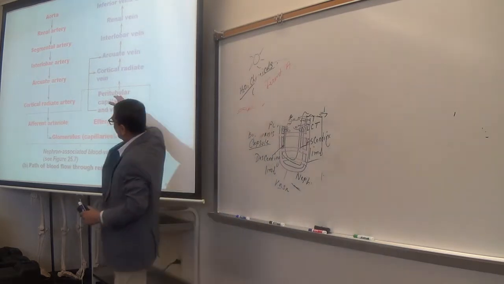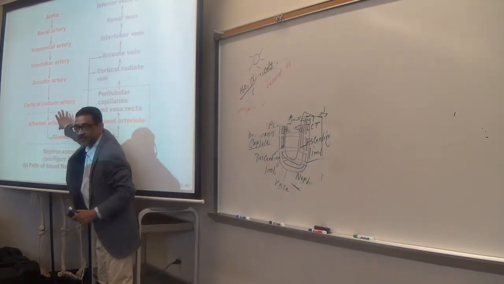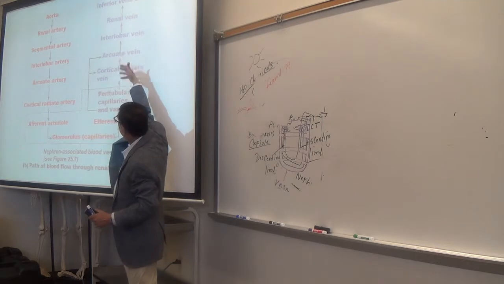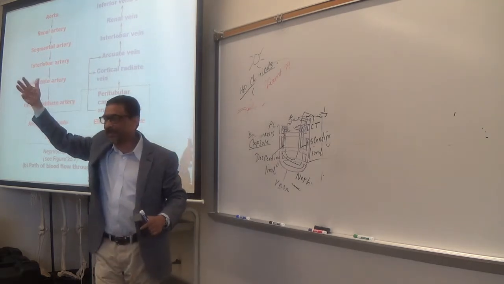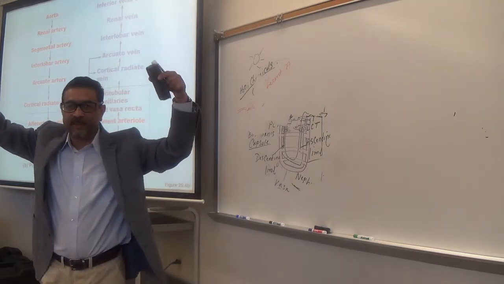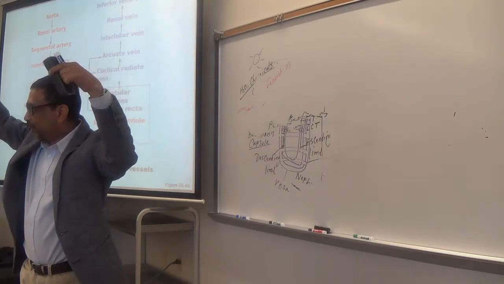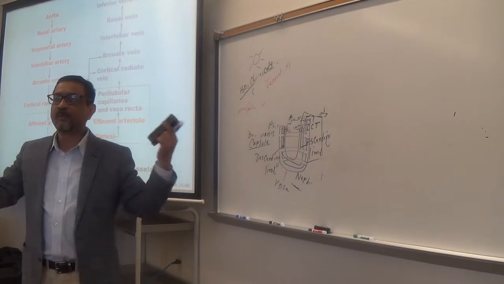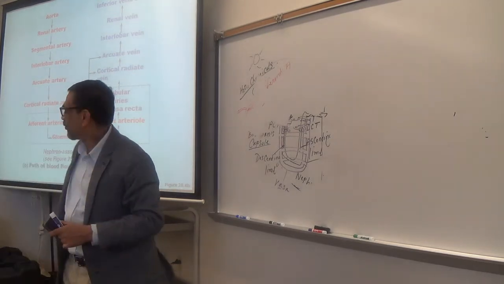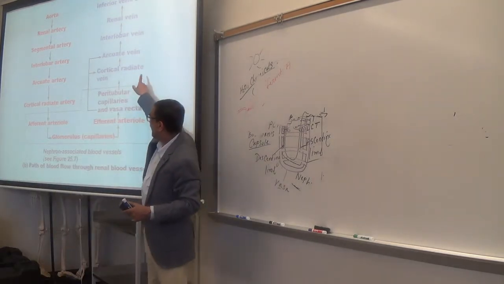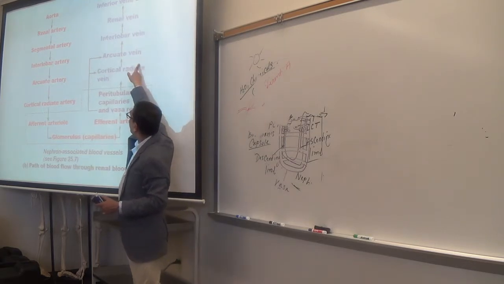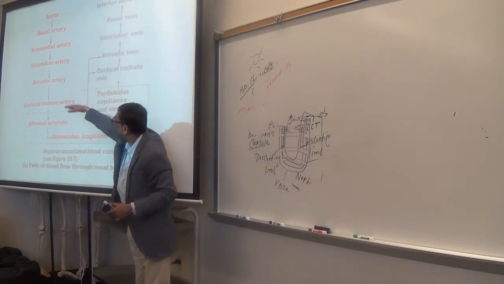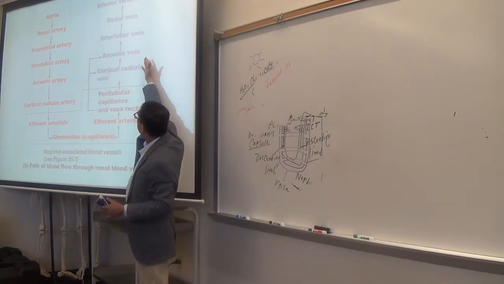You see the names are same as arteries, but we go from small to large. We know that, right? In the arterial system, blood goes from large artery to small arteries, right? In venous system, small veins to larger veins. Okay, so cortical radiate vein, arcuate vein, interlobar vein, those are just same as the arteries.